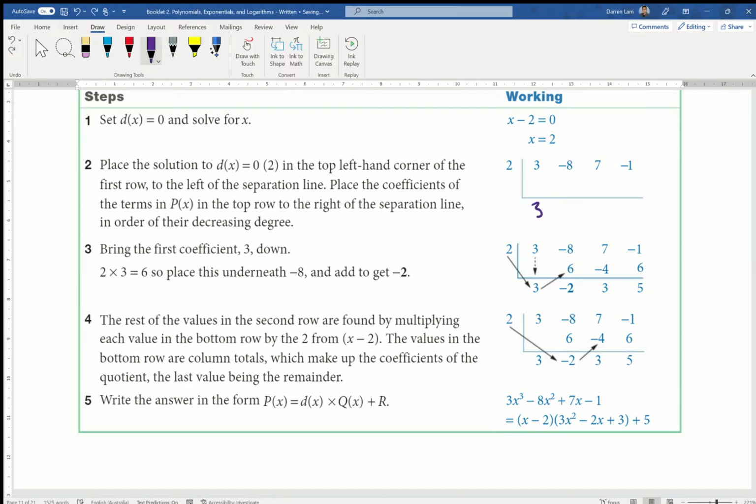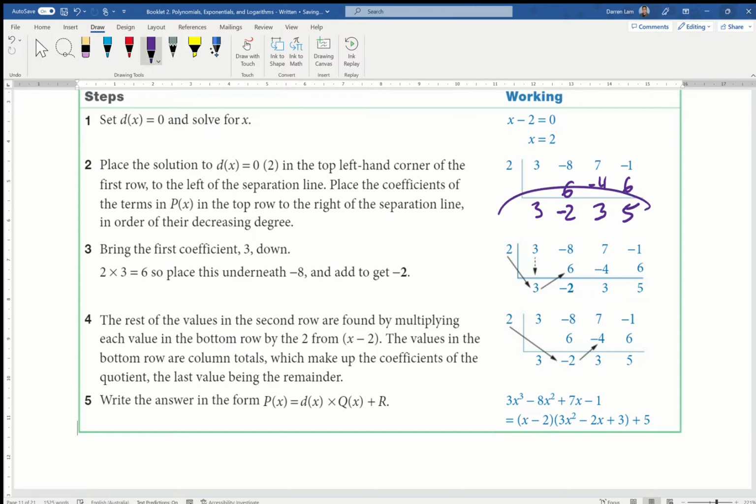It's a 3. And then I go 2 times 3. It gives me 6. And then I work down the page. That's negative 2, sorry. And then I multiply. 2 times negative 2 gives me negative 4. I work down the page again, 3. 2 times 3, multiply that, gives me 6. Work down the page again, 5.